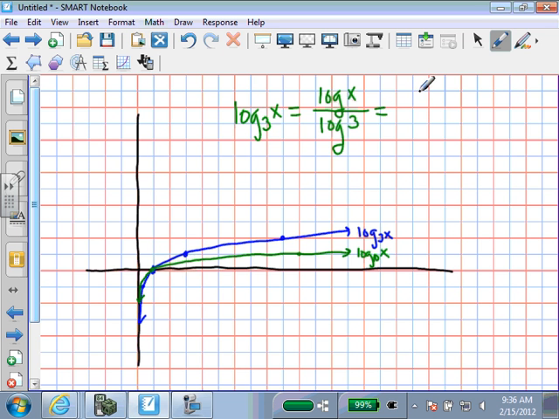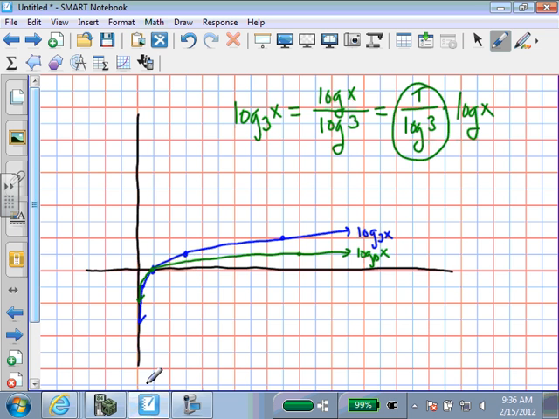Essentially, that's like saying 1 over log base 10 of 3 multiplied by the log base 10 of x. And so what we're saying is that that's going to be a number, right? It's going to be a scale factor on the graph of log base 10 of x.